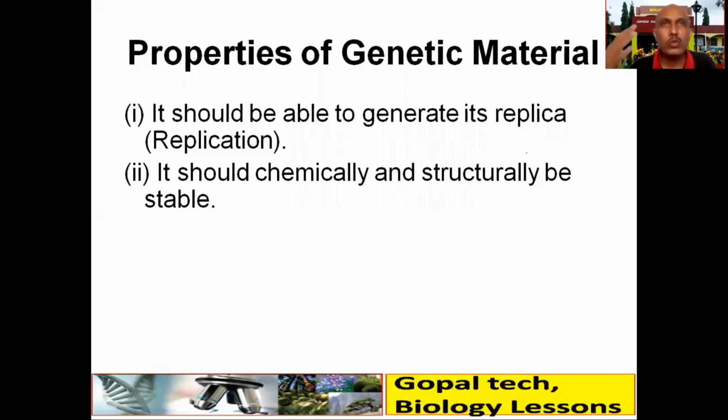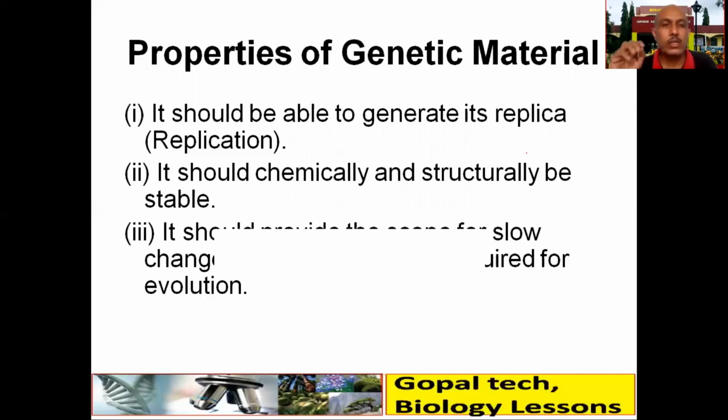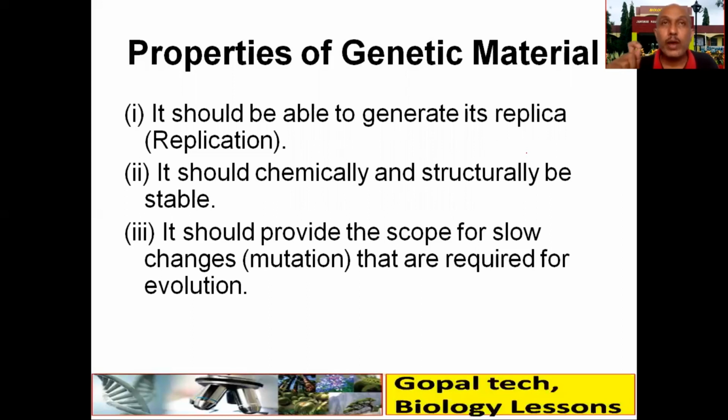It should not undergo changes. Third, it should provide the scope for slow changes, what we refer to as mutation, and that are required for evolution. For mutation to happen, there must be scope. So these three properties are very, very important to become genetic material.